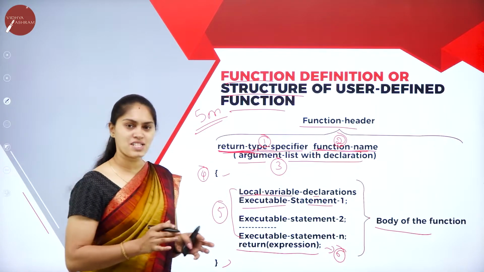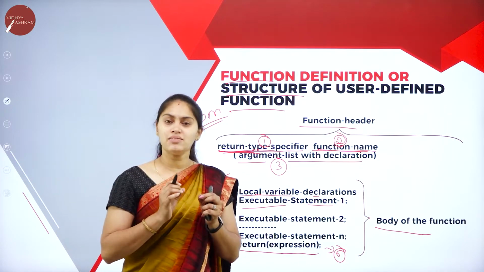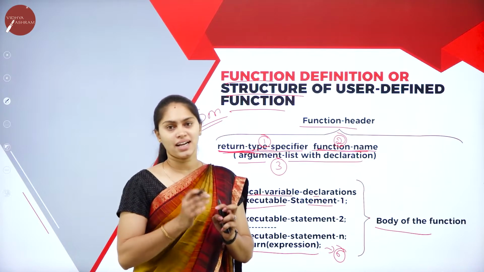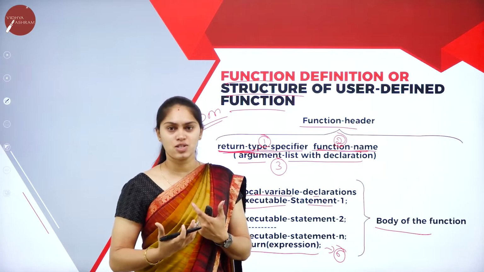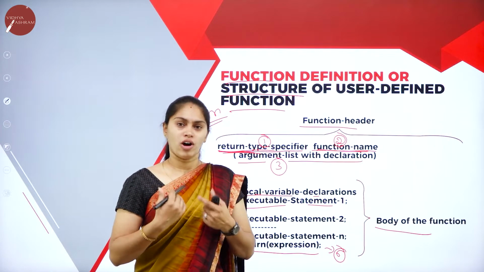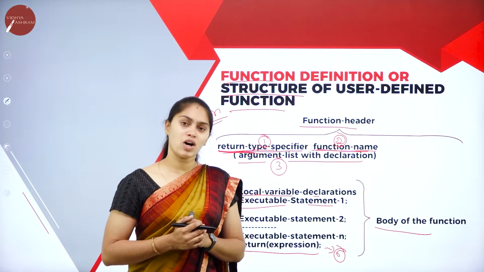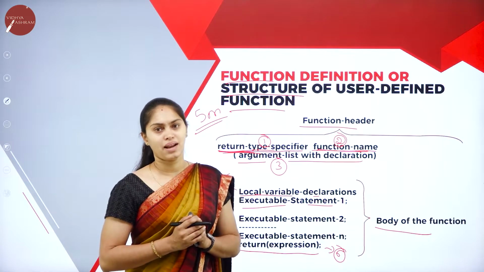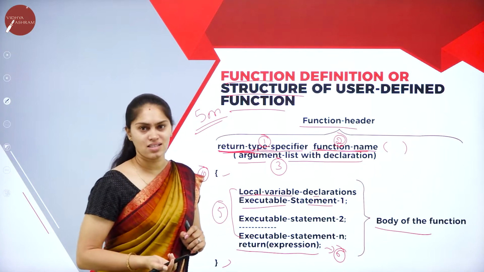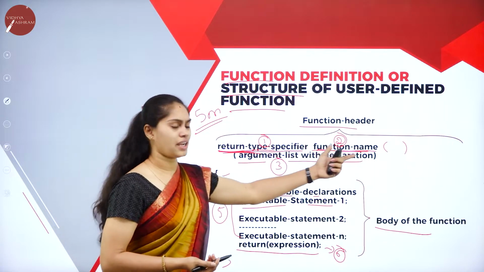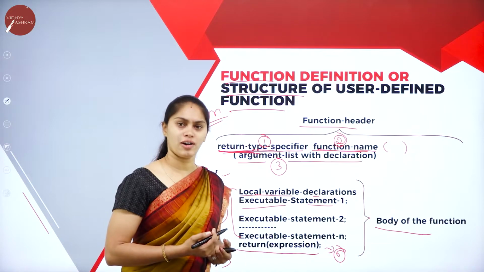For now, just remember that here we have to specify the data type of a variable and what the argument list comprises. If there are no arguments, or if I am not using any variable for my operation, then it will be blank. That means it will be just the opening and closing of a parenthesis. That indicates that it does not contain any arguments.